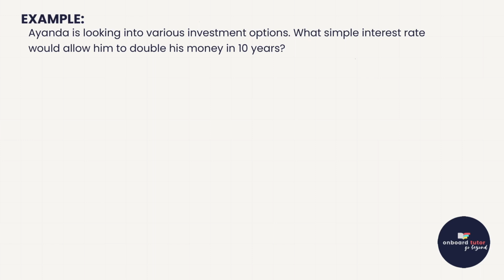Here's another example. Ayanda is looking into various investment options. What simple interest rate would allow him to double his money in 10 years? All right, so like I said, I generally like to start by writing down the formula. This is a simple interest question, so A = P(1 + i × n). And then the other thing that's helpful is to pop down all the variables here on the side so that we can see what we need.